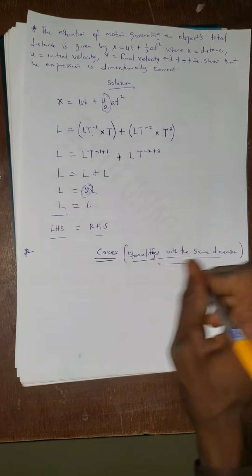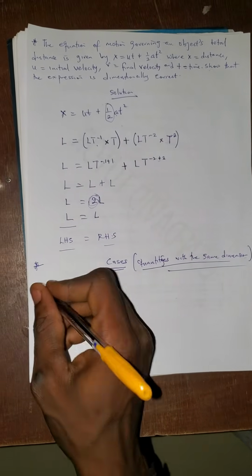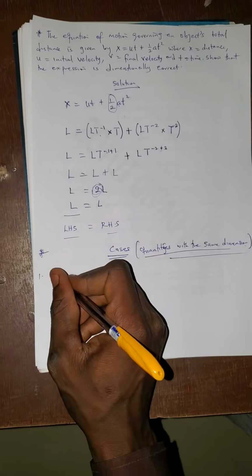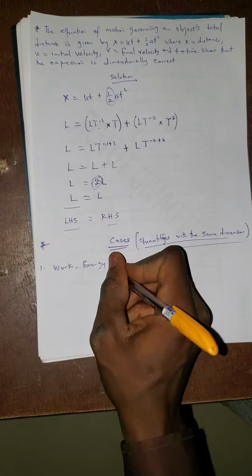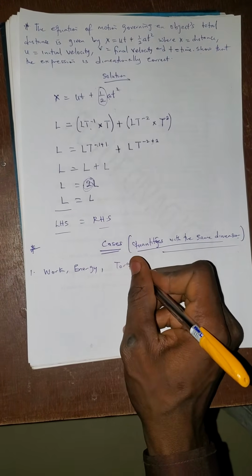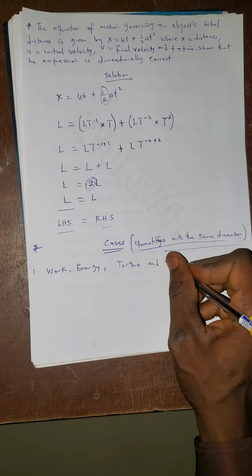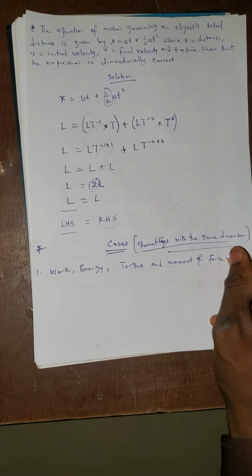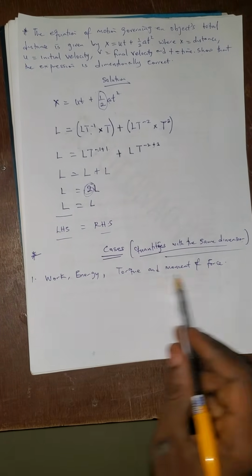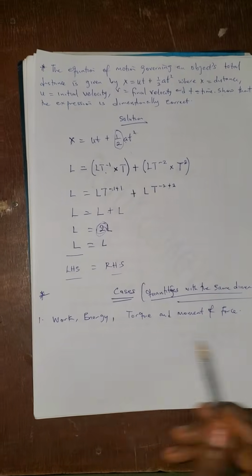Now we have some quantities that have the same dimension. For instance, work, energy, torque, and moments of a force. They have the same dimension.